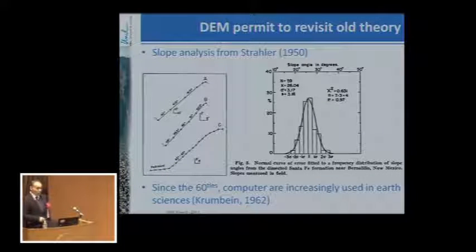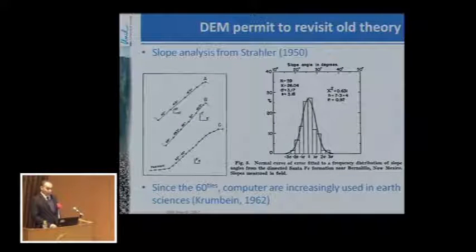It also allows us to reanalyze or revisit old theory. For instance, Strahler in the 50s found that if you analyze topography by hand, in that case the slope, you can find Gaussian distributed slope angles. Here the slope angle and here the distribution. He showed that a Gaussian distribution can be used.